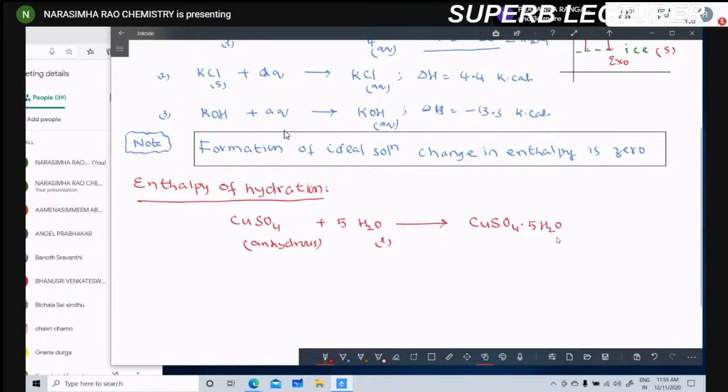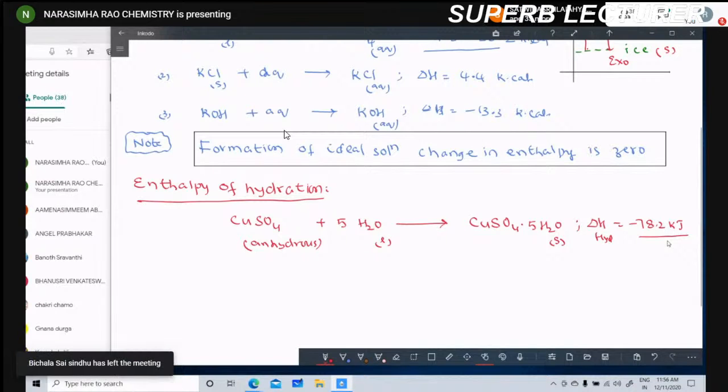The amount of heat change observed is called the enthalpy of hydration. This is always an exothermic process, children. Reminder, it is always exothermic: minus 78.2 kilojoules. The value is not important, the process is important. The problem will give the values; from the process we have to find out whether it is endo or exo.